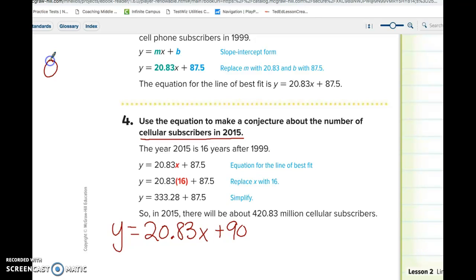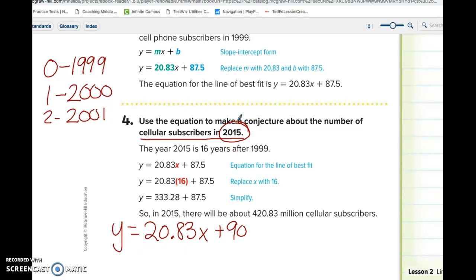Our 0 was what year? 1999. So then 1 would correspond to 2000, 2 would correspond to 2001. So what number is going to correspond with 2015? 16.